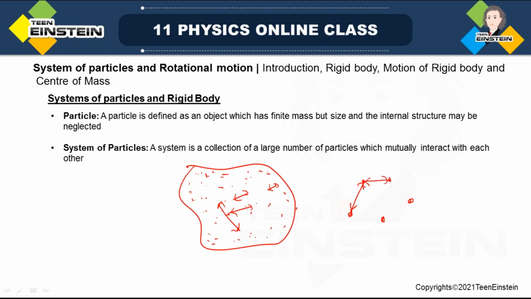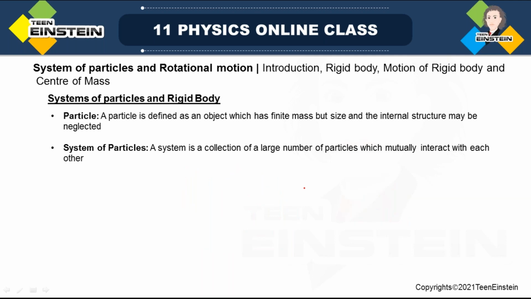Interaction means they will exert a force, either electric force, electromagnetic force, or maybe mechanical force, anything. So there will be various interactions among them. These are called mutual interactions or internal forces. We will see that.